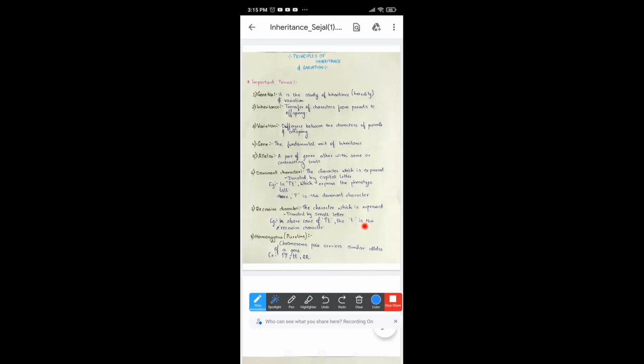Now, what is homozygous or pure? A chromosome pair with similar alleles of a gene. Here I have written an example where they have the same genes. Both of them are either dominant or recessive, but both will be seen.